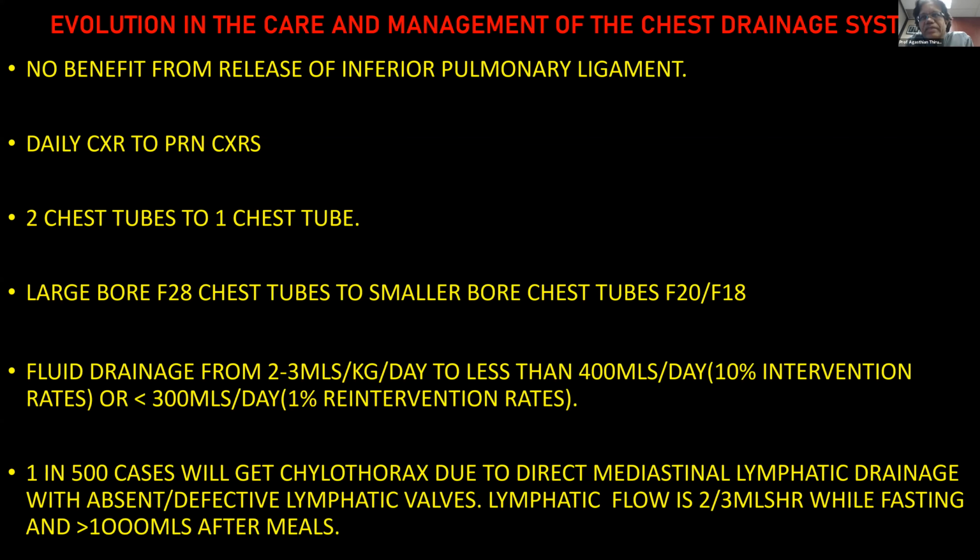And in these cases, not only is there direct lymphatic drainage into the thoracic duct, there are absent effective lymphatic valves, which causes retrograde flow into the chest. That is why, no matter how good a surgeon you are and how meticulous you are, you will get chylothorax once in a while, and this is due to the physiological understanding of the anatomy of the pleural lymphatics.